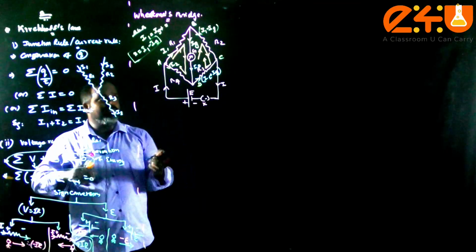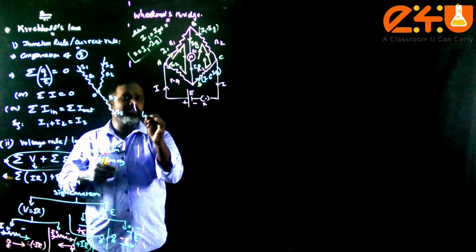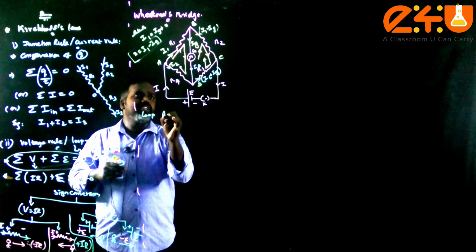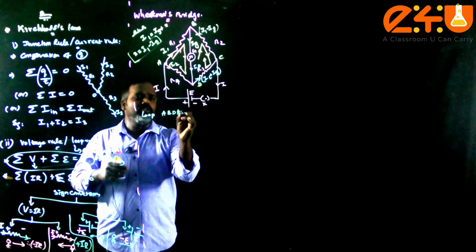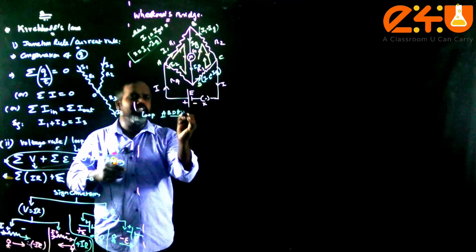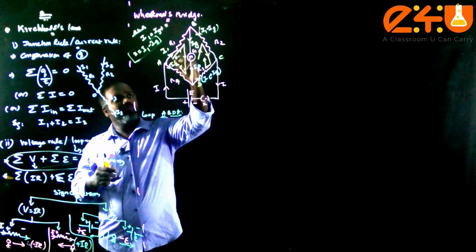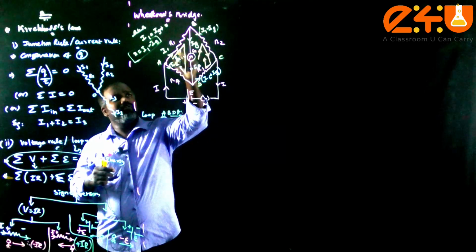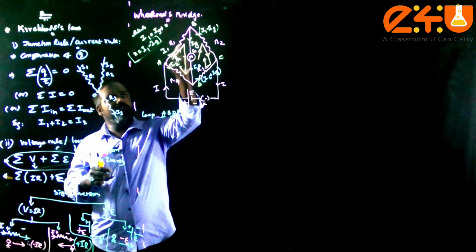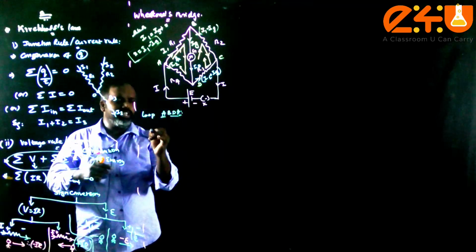Now please come to this. I am taking the loop A, B, D, A. A loop means your starting point and ending point should be the same. This is my direction of movement. My direction and the current direction are both the same, so the product will be negative.